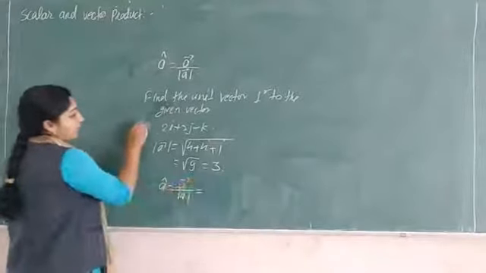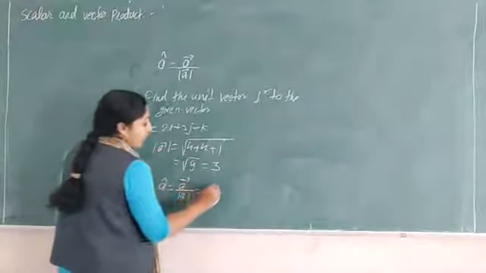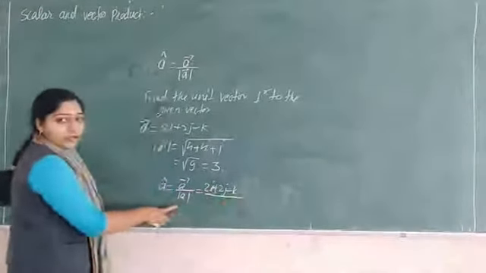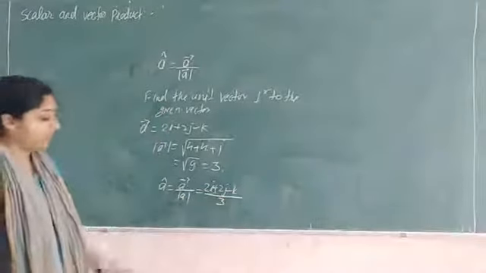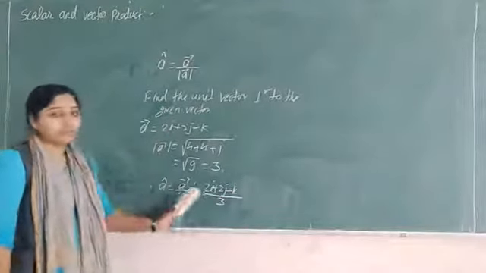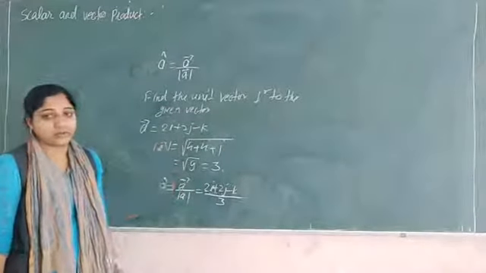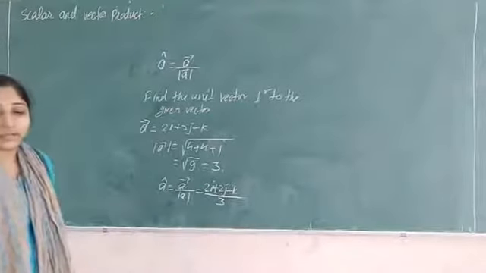This is the notation for vector A, which is 2i plus 2j minus k, divided by the modulus of vector A, and here the modulus is 3. So this is the unit vector perpendicular to the given vector. This is the method to find the unit vector perpendicular to any given vector.